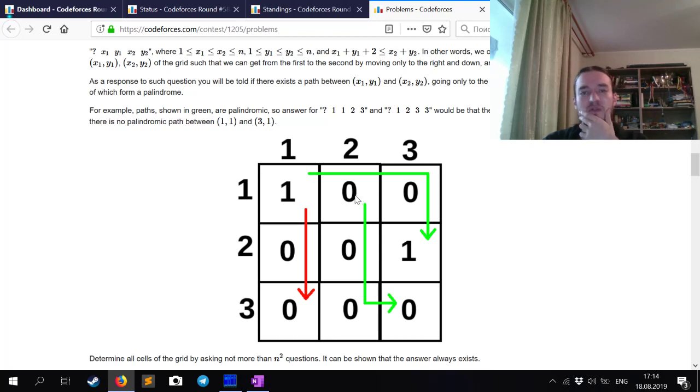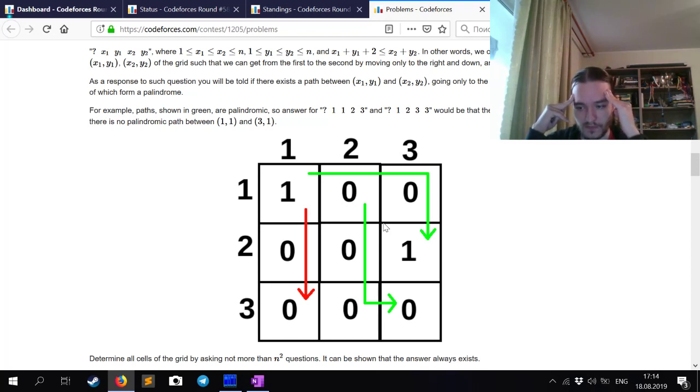But what we need to find is, so we know that these are different, right? So how do you use that?